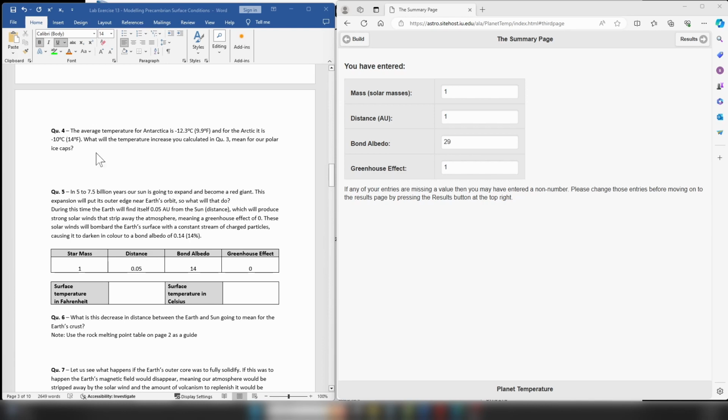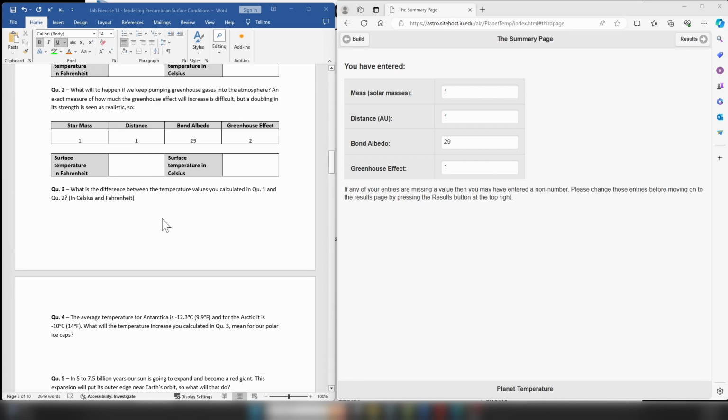So for question 4, the average temperature for Antarctica is minus 12.3 Celsius, and for the Arctic it's about minus 10 Celsius. So what will the temperature increase you calculated for question 3 mean for our polar ice caps?